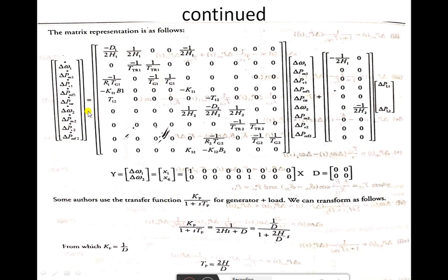So this x of t is nothing but the state variables, the 9 state variables which we have considered, and this is the matrix A, this is the matrix B, this is the matrix X again.